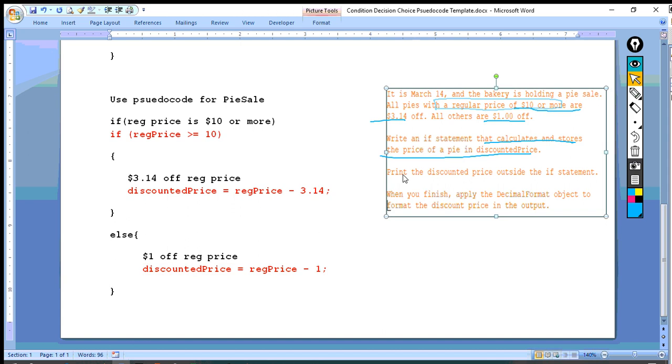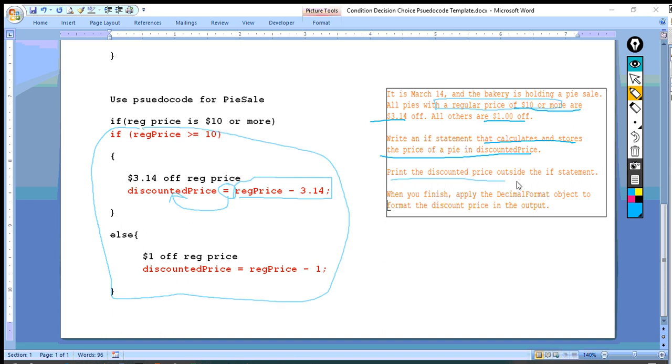And then notice the directions say, so we just used the if statement to calculate and store the discounted price in discounted price. That's what we just did. That's within the confines of the if statement.